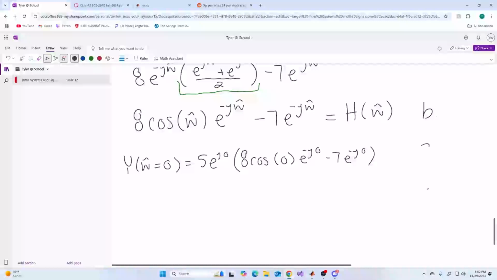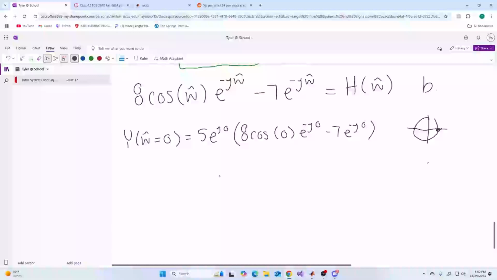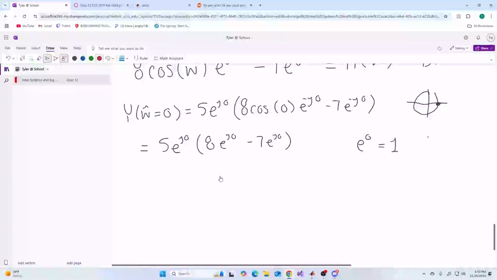If you look at the unit circle here, at 0, cosine equals 1. So it's going to fill that in. So equals 5e to the j 0, 8 times 1, just 8, e to the j 0 minus 7 e to the j 0. Now, e to the power of 0 equals 1. So I'm just going to cross these out.